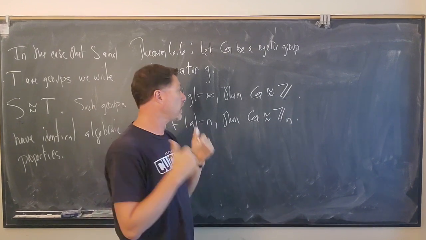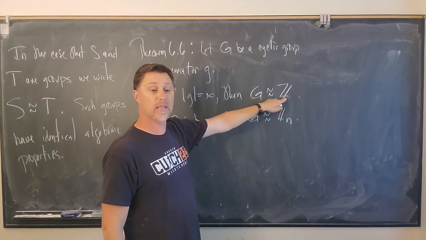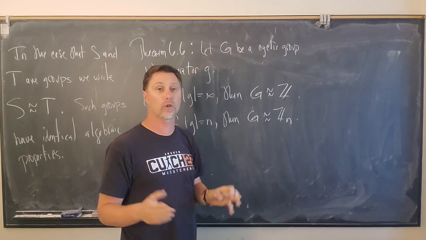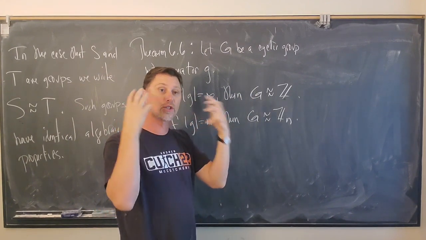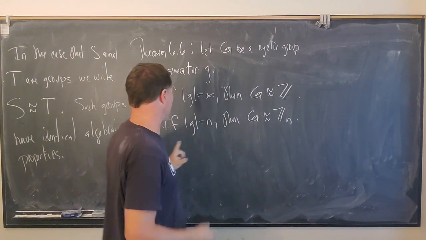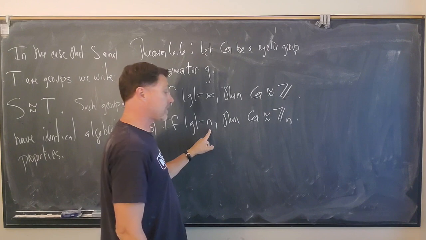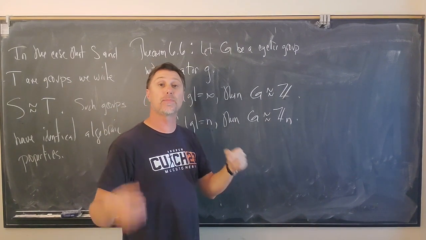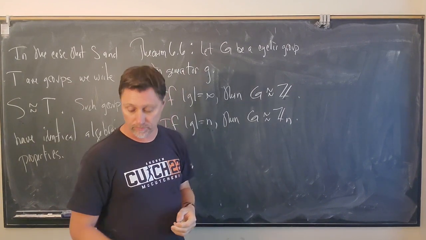Every infinite cyclic group is isomorphic to the set of integers. So when you think of infinite cyclic groups, you can immediately think in terms of the properties that the integers have. It also says that the order n cyclic group is isomorphic to Zn. So Zn is the prototype finite cyclic group.